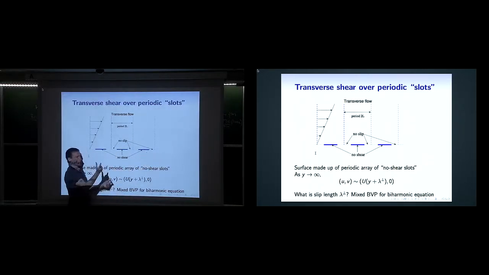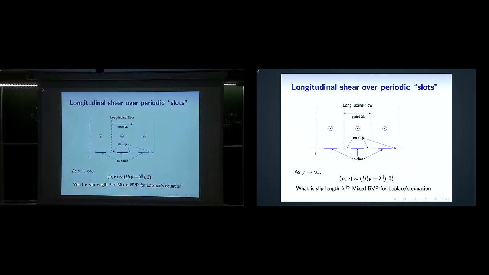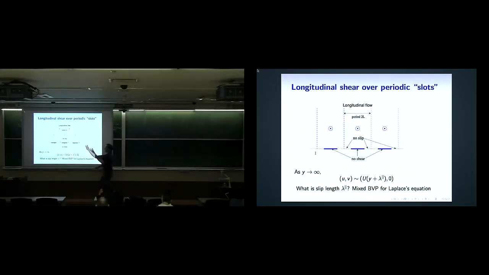The other problem, if the slots are coming out like this, the other problem is to have a shear flow over it in the same direction. That's the transverse problem. The longitudinal problem. Okay? So now the flow is going into the board, but it's getting faster as you go up. Does everybody see? So imagine these slots.